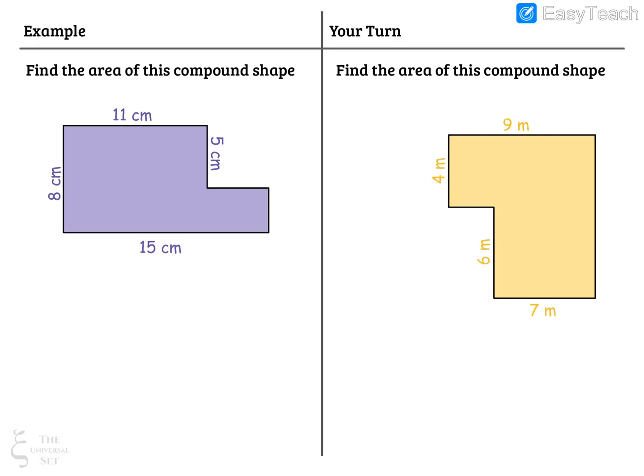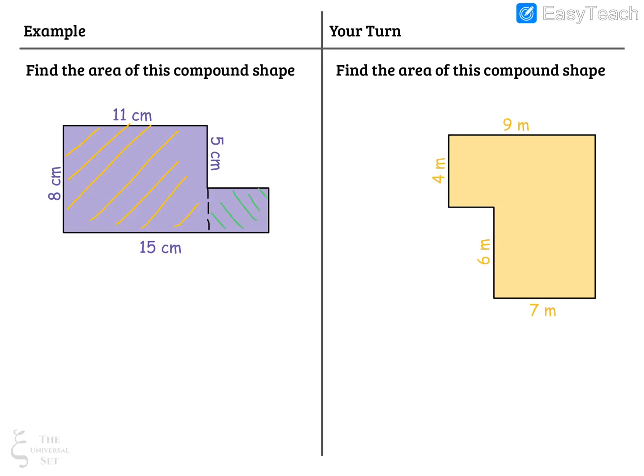So this shape, I reckon, is made out of 2 rectangles, and I'm going to split it into 2 rectangles. There are a couple of ways we could do it. We could split it across this way, or we could split it down this way. I think this one is going to be easiest if I split it this way, so that's what I'm going to do. And then we've got 2 areas that we need to find. We need to find this area here, and we also need to find this area over here.